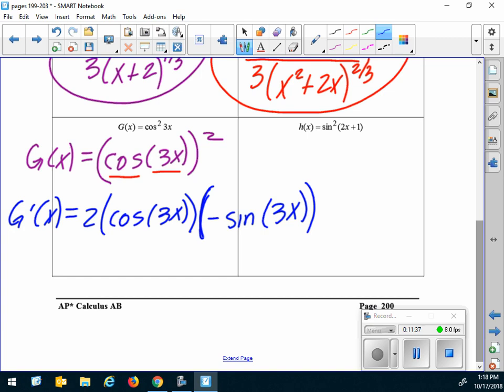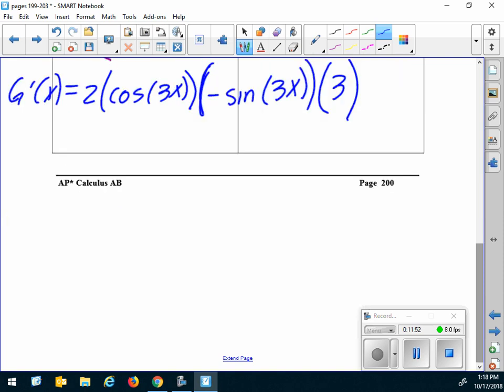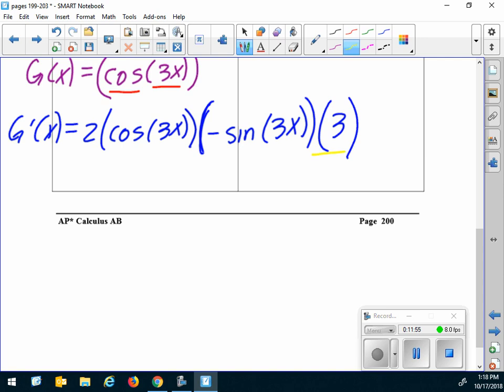If you just put minus, then it's going to look like a minus, not like a times a negative. Times the derivative of the innermost function. Clean up what you can clean up. You say, well, I don't even know what I can clean up. You can multiply that 3 times that 2, and times that negative 1. So it's going to give you negative 6 cosine 3x sine 3x.